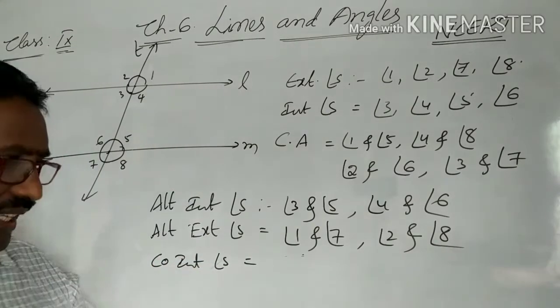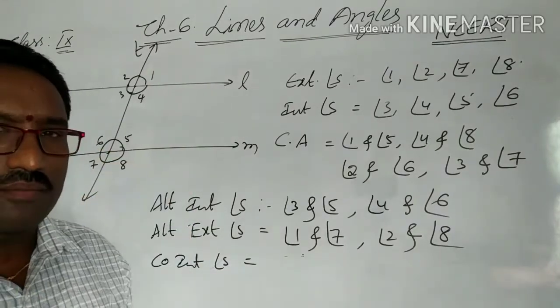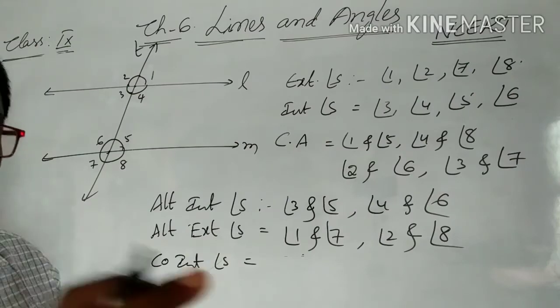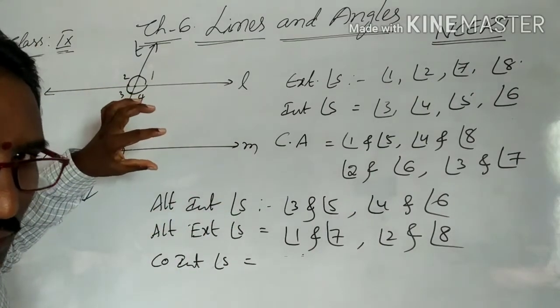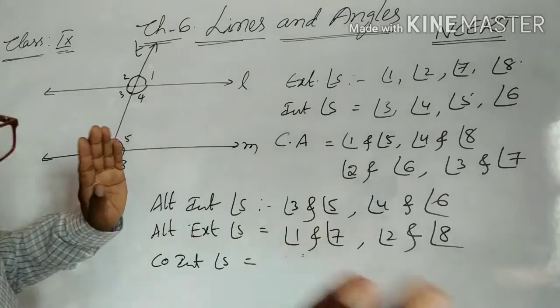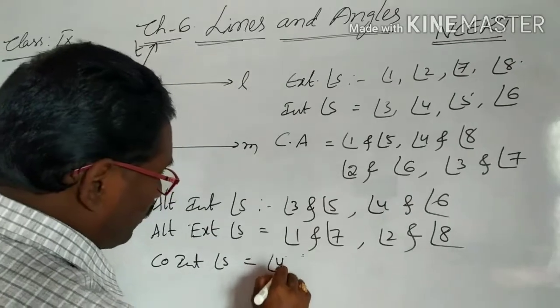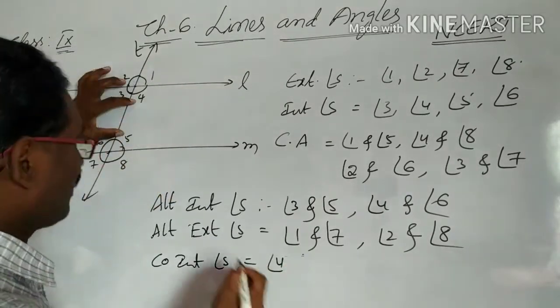What are the co-interior angles? Co-interior means same side: two angles that are on the same side and both interior angles. What are the co-interior angles? See, angle 4 and angle 5.